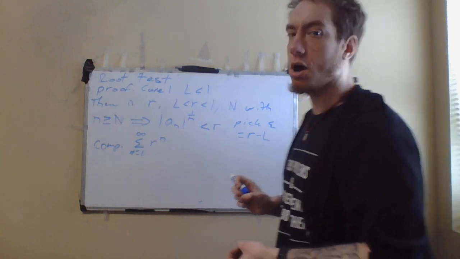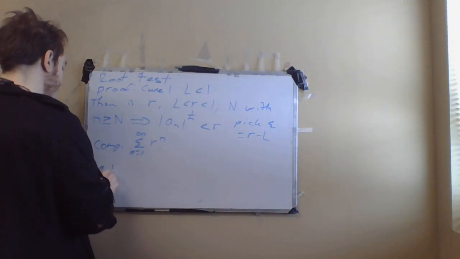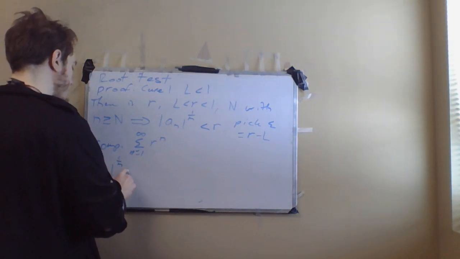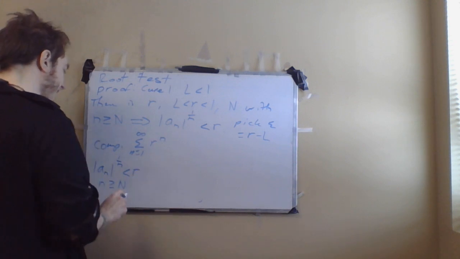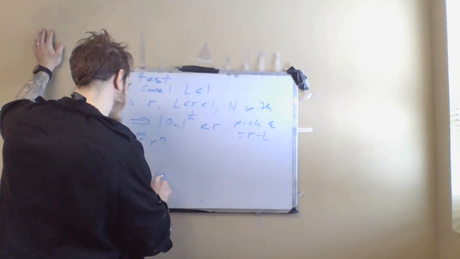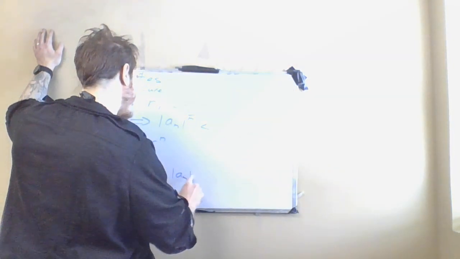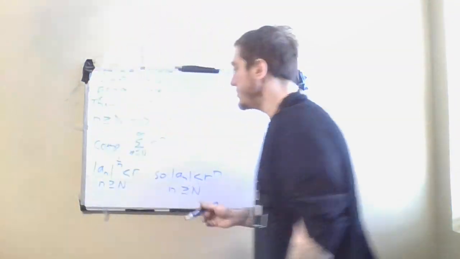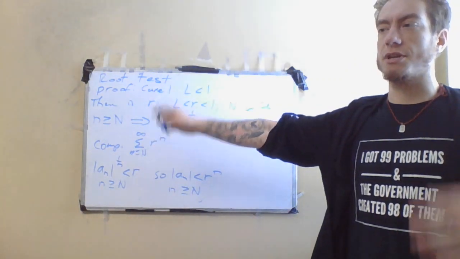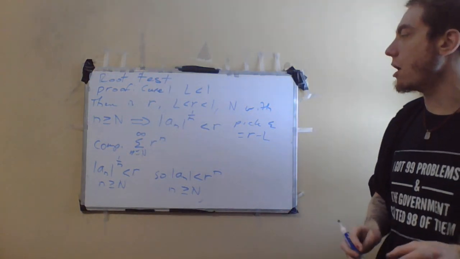Now, the thing that we know is that the absolute value of a sub n raised to the 1 over n is less than r whenever n is bigger than or equal to capital N. So the absolute value of a sub n is less than r to the n when n is bigger than or equal to capital N. But if we just cut off the series and start it at capital N, this is just part of a geometric series with the first finite number of terms cut off.